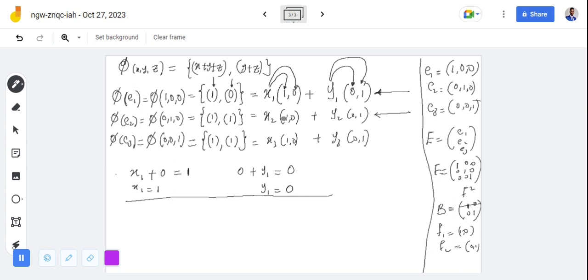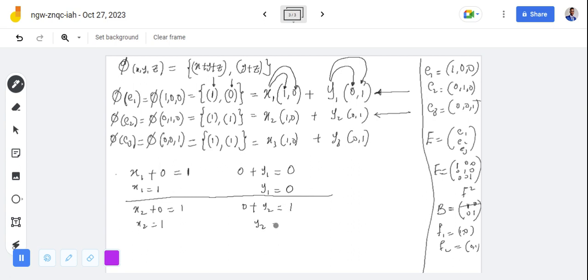Same thing, X2 times the first one. So looking at this now, I have X2 times 1, X2, then plus Y2 times 0, that's plus 0, equals this first result, 1. My X2 still remains as 1 here. Now let's try the second one. X2 times this second digit, that is still 0, then plus Y2 times 1, that is Y2, equals this second result, 1.